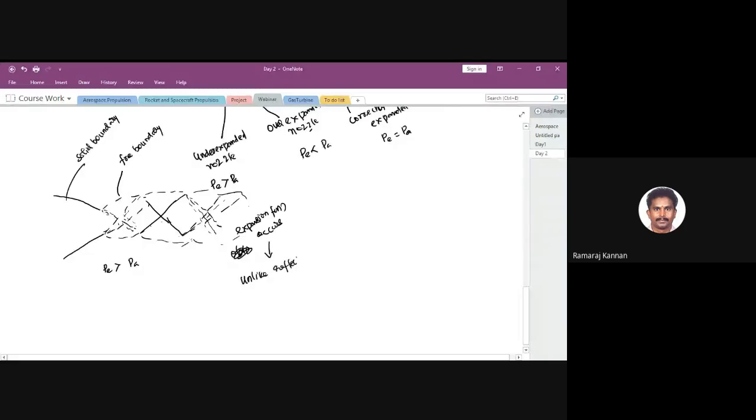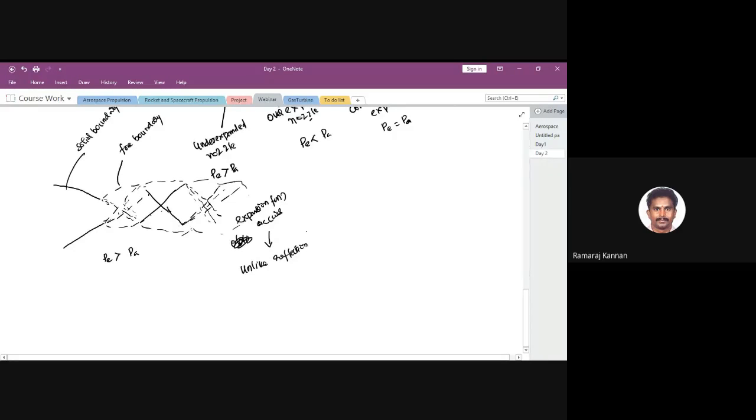Keep in mind that in the exam they are going to ask, in the free boundary, whether the reflection is going to be like reflection or unlike reflection. Unlike reflection means your expansion fan reflects as an oblique shock, and the oblique shock reflects as an expansion fan.